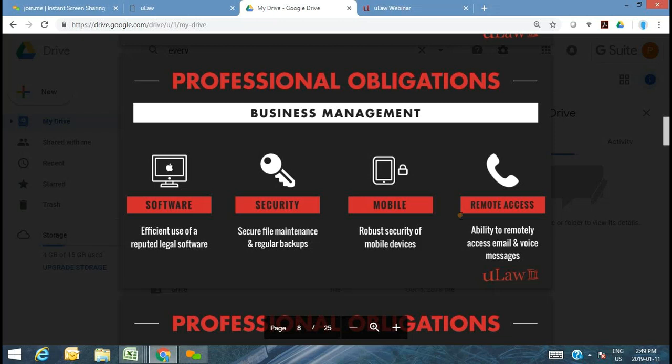But the risk of using mobile devices is making sure that you have a properly password-protected mobile device that only you have access to, secured ways of saving data, etc. Remote access.